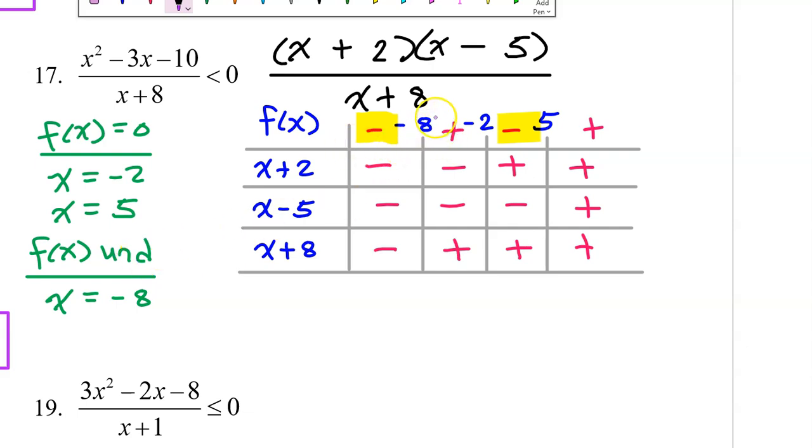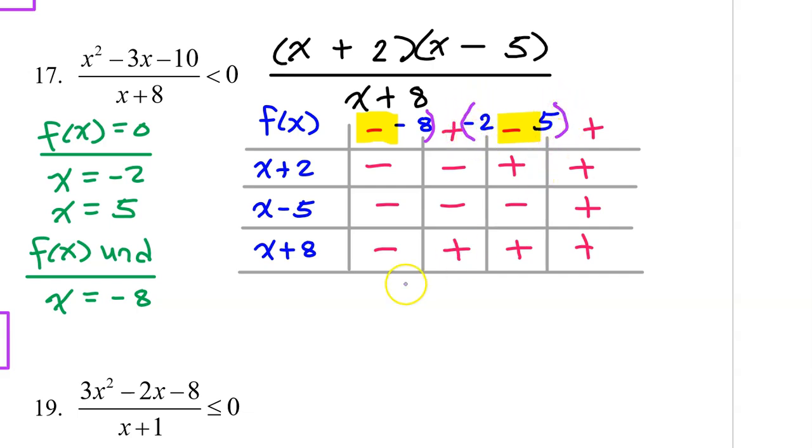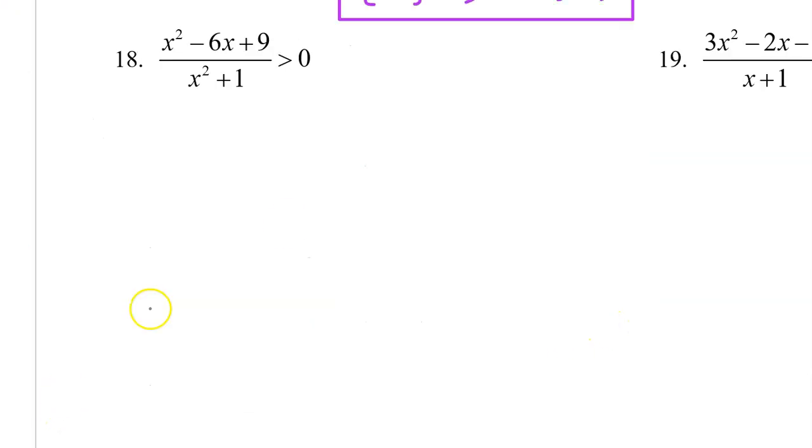Only less than 0. We will show that the endpoints are not included by using parentheses around them. So this first interval is from -∞ to -8. And then union -2 to 5.